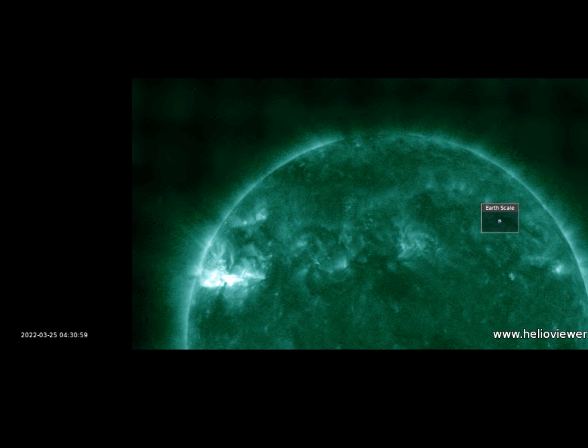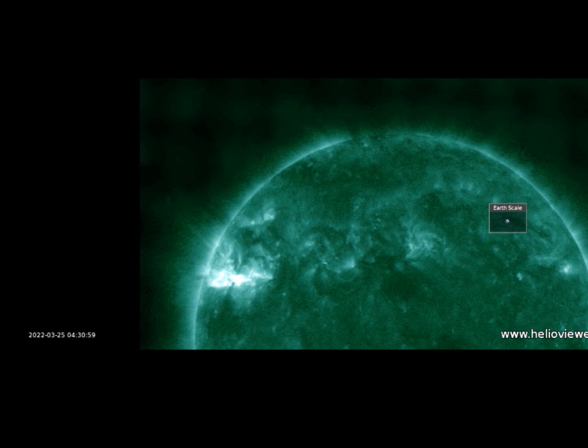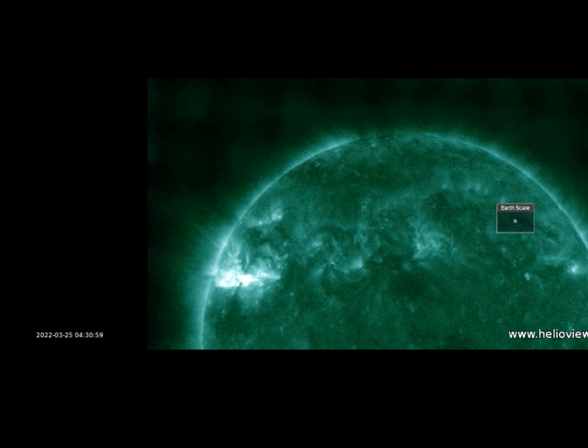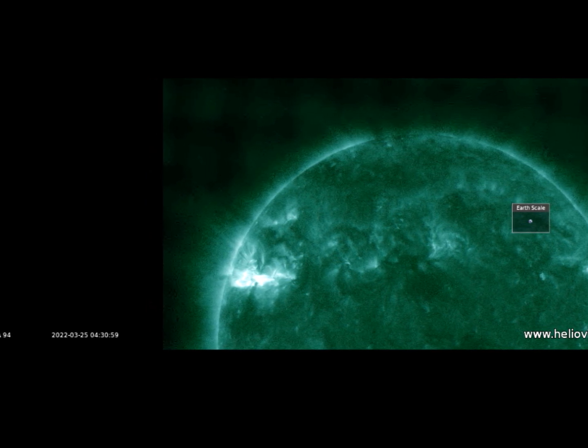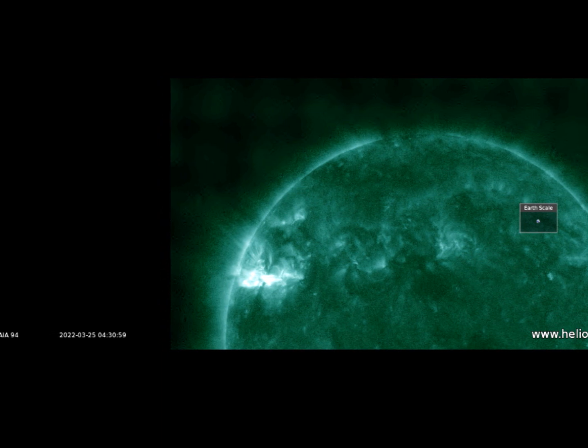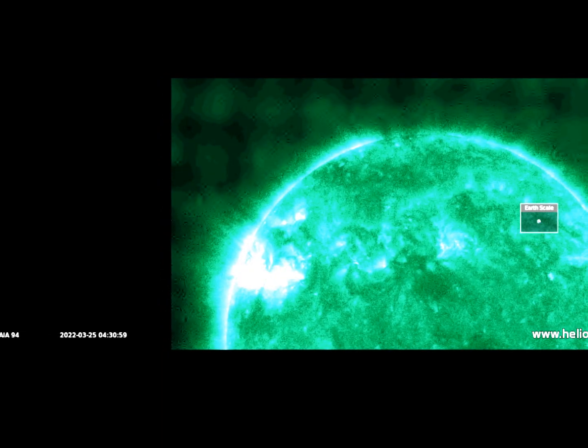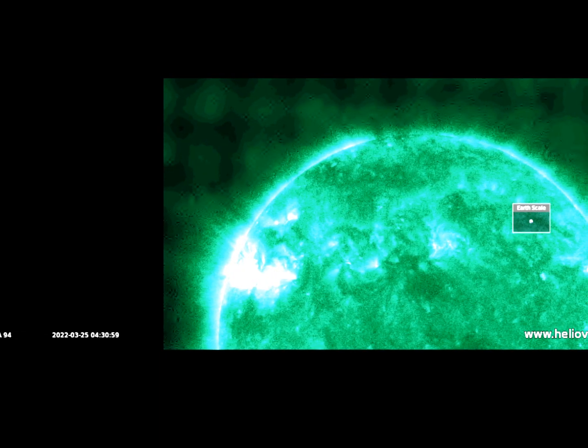So notice the checkerboard pattern in the corona, not on the plasma, but out towards the edges of the frame. Let me just add some brightness, and there you go. That kind of pattern is associated with interacting waves.